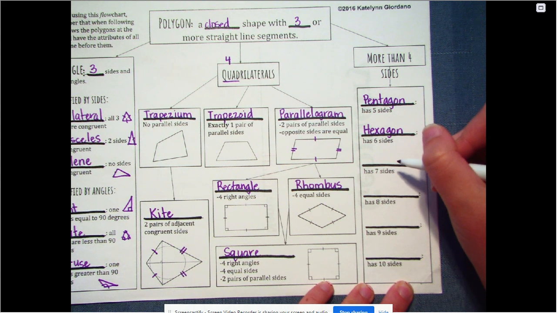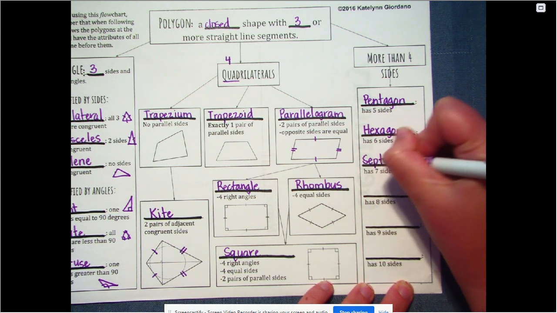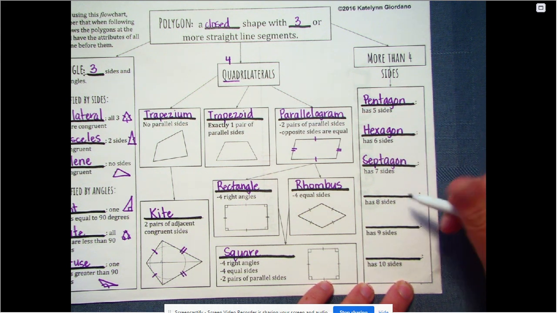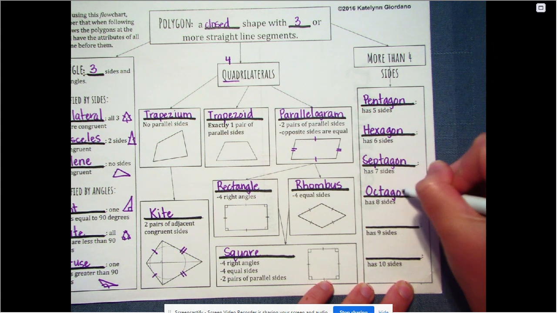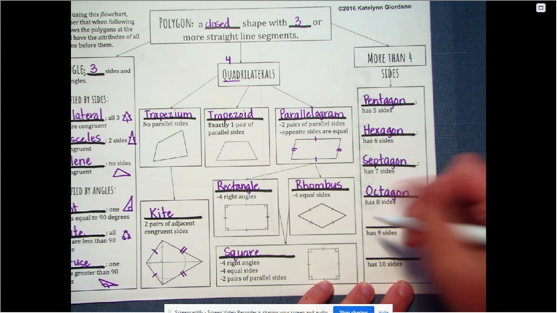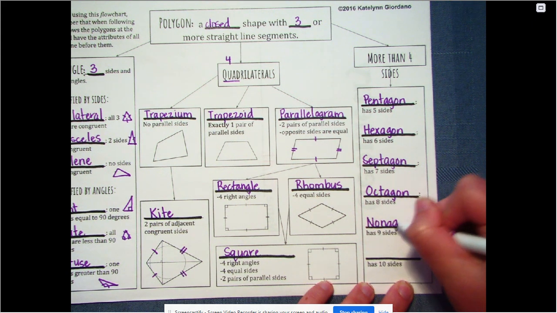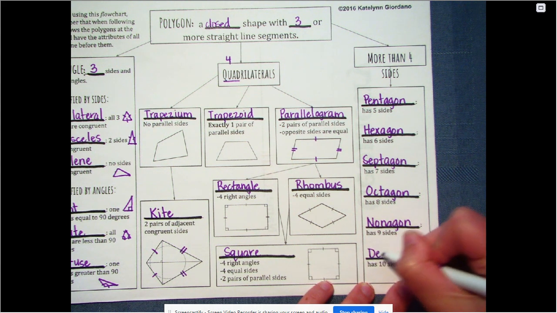If it has 7 sides, it's a septagon. If it has 8 sides, it's an octagon. If it's a 9-sided shape, it's a nonagon. And if it has 10 sides, it's a decagon.